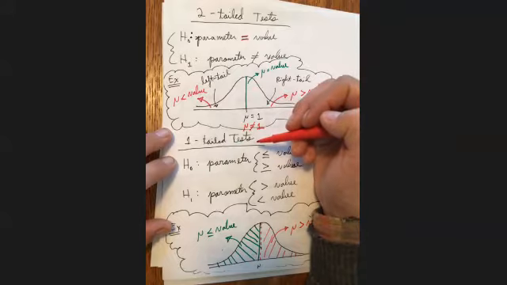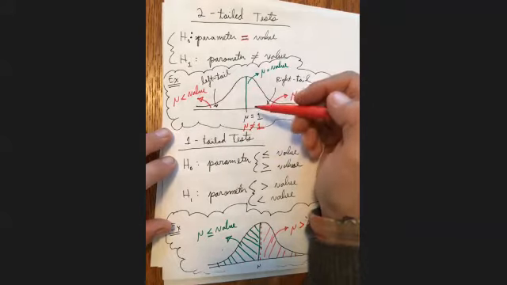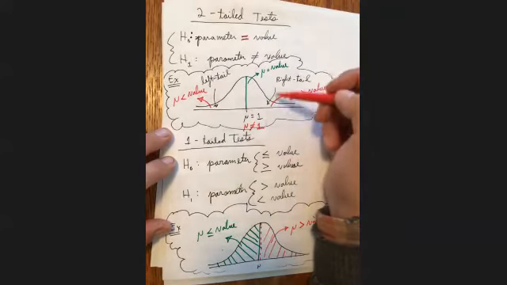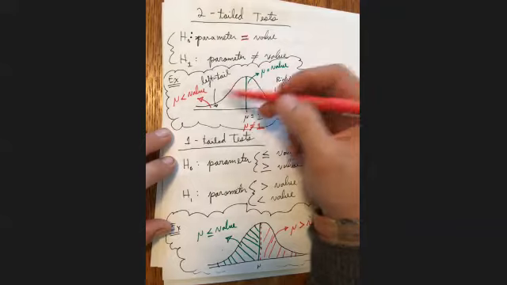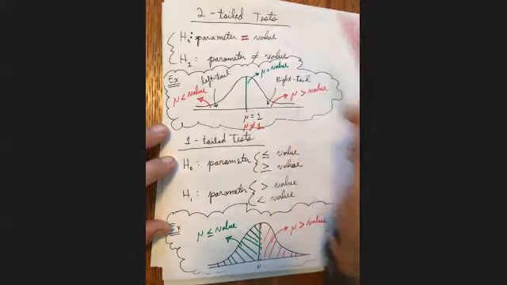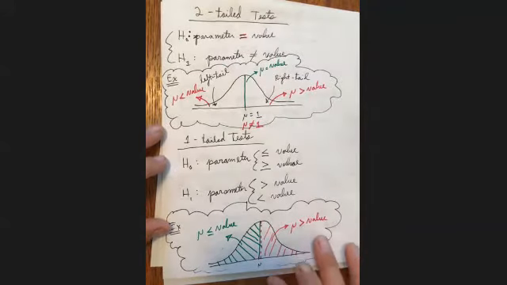Not exactly equal. It's a little fuzzy there. Or our sample statistic, x bar, could be not equal to mu, in which case x bar would fall in one of these tails. So that's why we call it a two-tailed test.